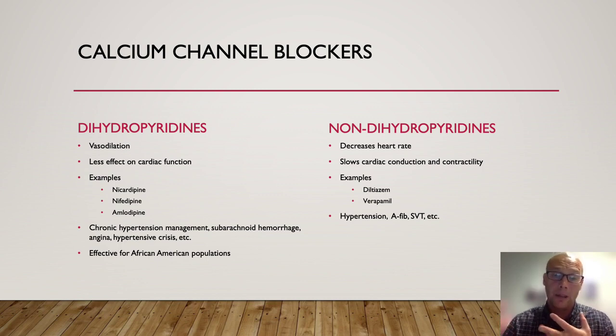Supraventricular tachycardia may not be the first go, but if a person has asthma at the same time and you want to avoid those beta blockers, something like diltiazem could be a good alternative and choice. They may not manage hypertension as effectively as the other class, but they do work, kind of similar to decreasing the heart rate, which decreases the force and decreases the blood pressure.